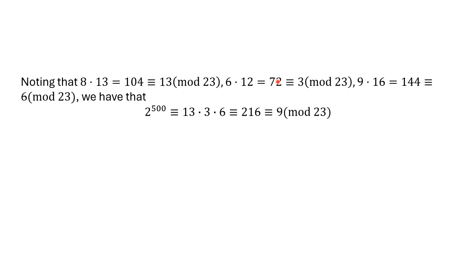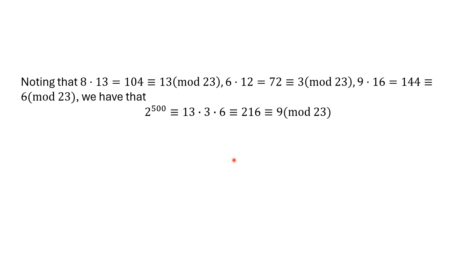And then 6 times 12 is 72, which has a remainder of 3 mod 23. And then 9 times 16, 144, has a remainder of 6 mod 23. And then we just take 13 times 3 times 6, and we get 234, and the remainder of that mod 23 is 9. So just to complete the thought from the problem we had been working on.